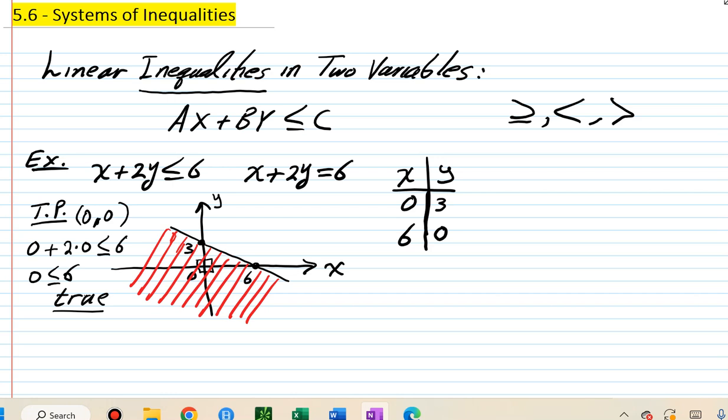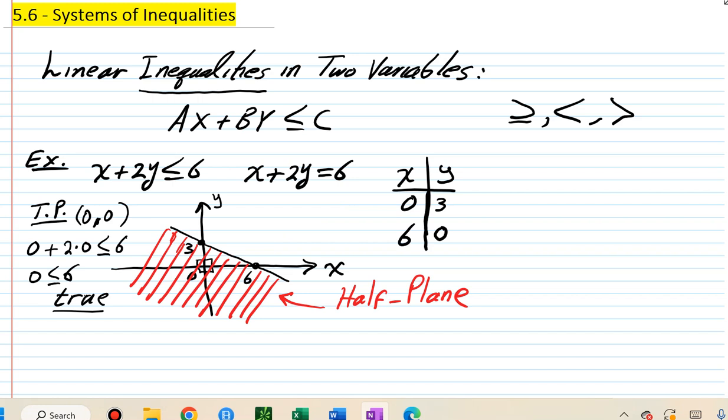Every ordered pair, any point on the plane that is below the line. Notice, by the way, the line divides the plane into what we call a half plane. The other half is above. So one half is below, the other half is above. That's the idea behind labeling it as a half plane. So the solution is a half plane.